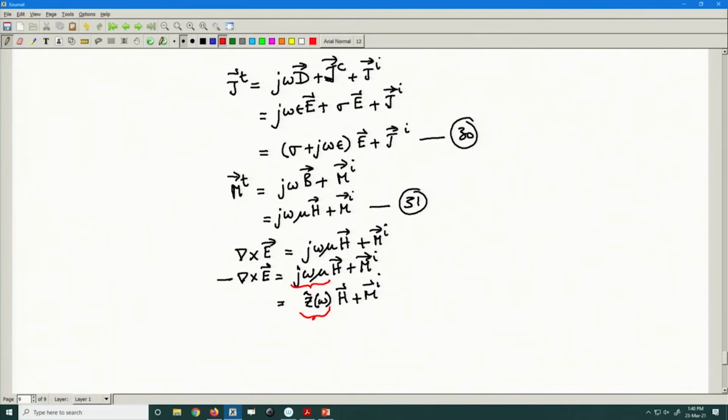So, this Z cap omega is equal to j omega mu.